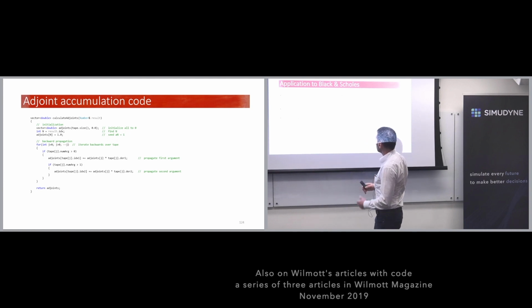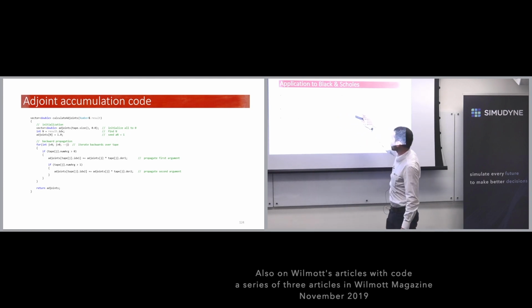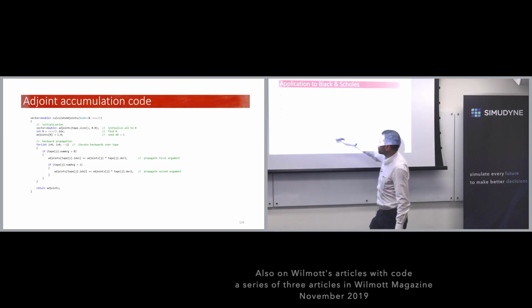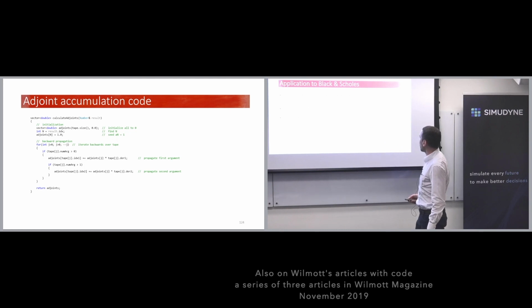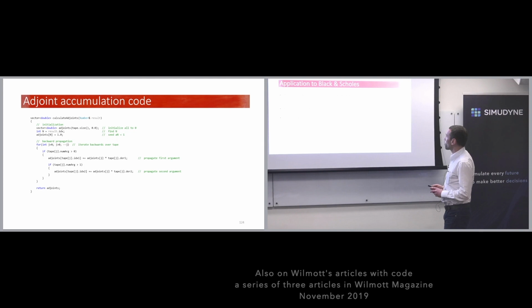And then we can calculate adjoints. So I'm just calling my adjoint calculation code, giving it the final result. What is it I want to differentiate? And that's it. And then I can read the delta, the rho, the derivative to the dividend yield, this one doesn't have a name, the vega, and so on and so forth. And you can check for yourselves that these are the correct ones.